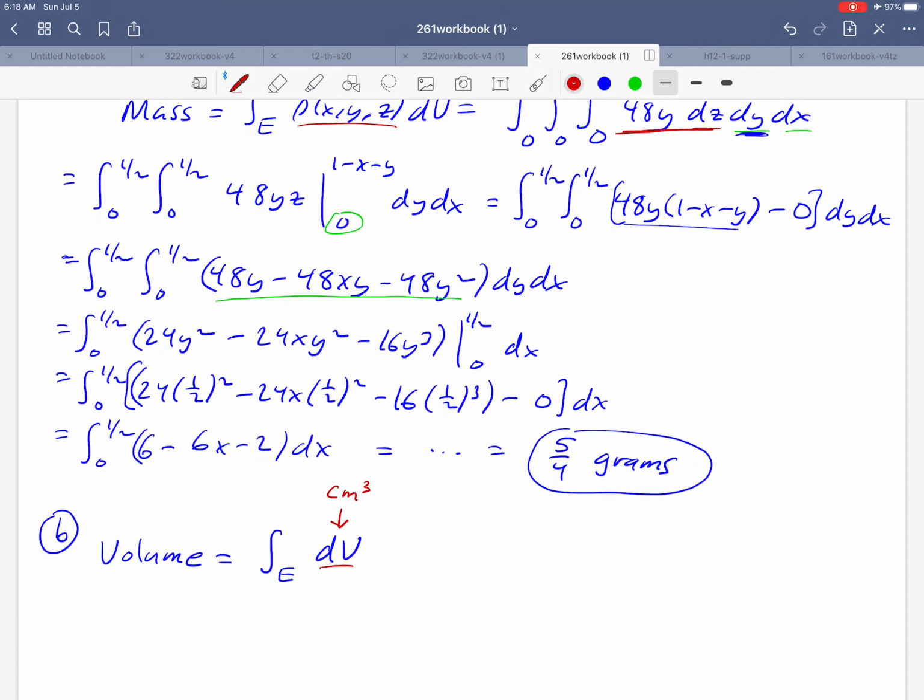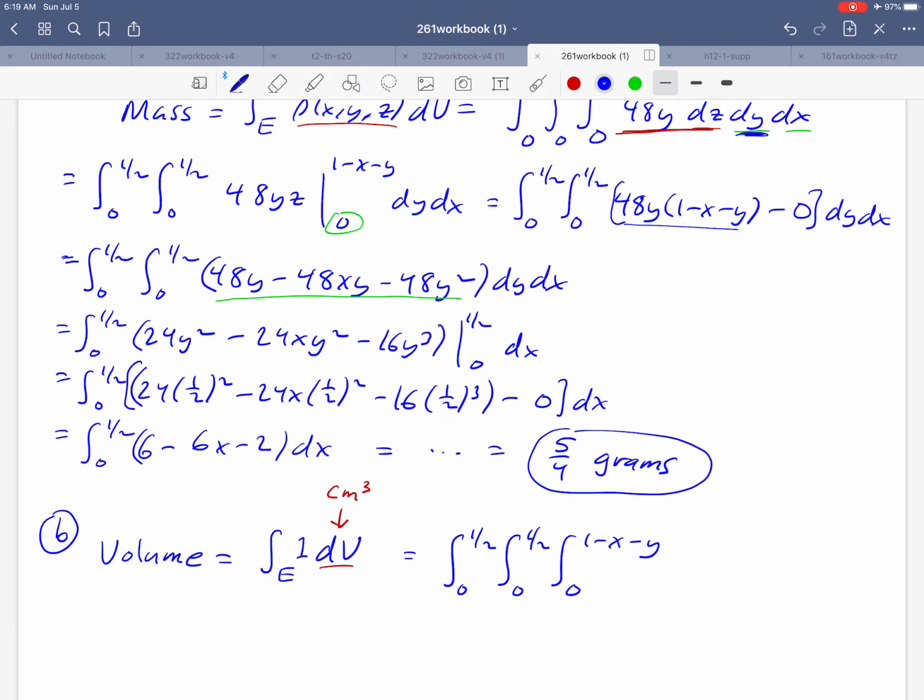So you can picture this integral as going over the entire region E and just adding up volumes of little cubes until you're done. You're going to get the volume of the whole region. In a nutshell, there's not a whole lot to do here because we already know what the limits of integration are. They're going to be the same as they were in part A. The only difference is that we're integrating dV.